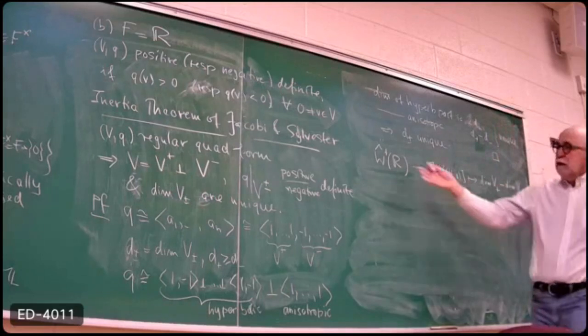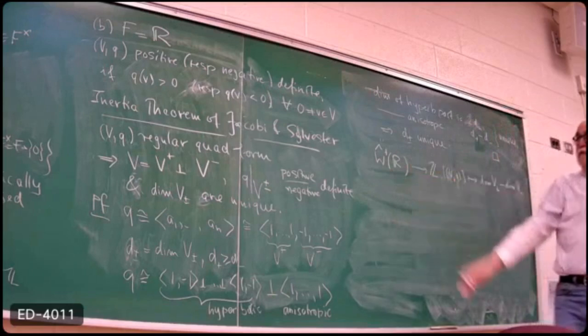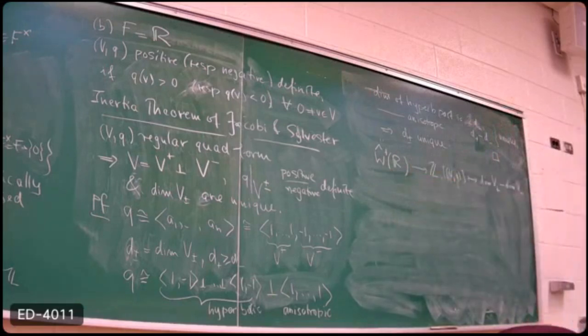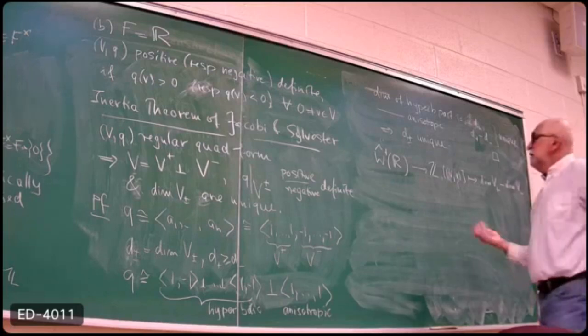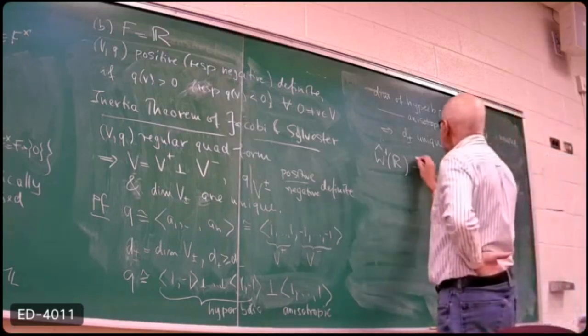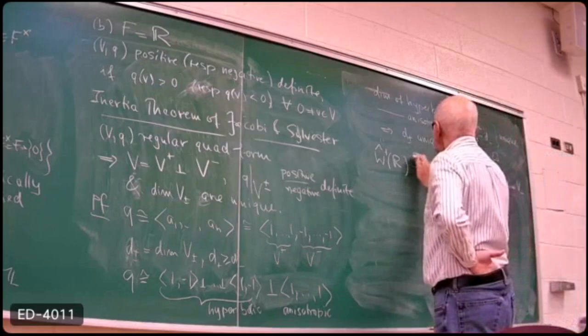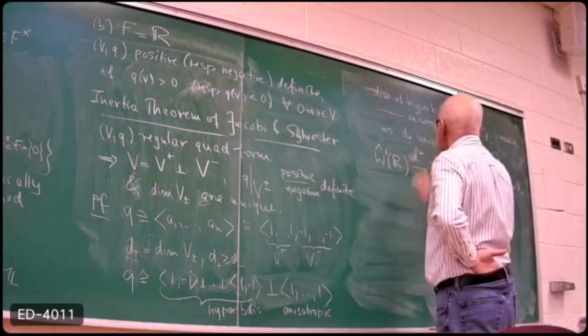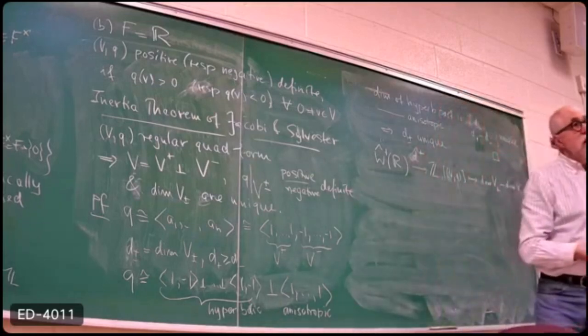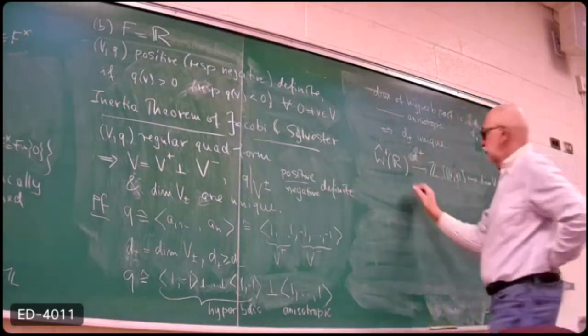So the inertia theorem says that this map is well defined as a map, because the dimension of the plus and the dimension of the minus is independent of the decomposition. But it's easily seen that this map is actually a homomorphism of semirings.